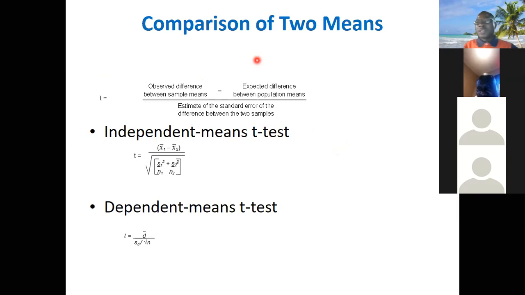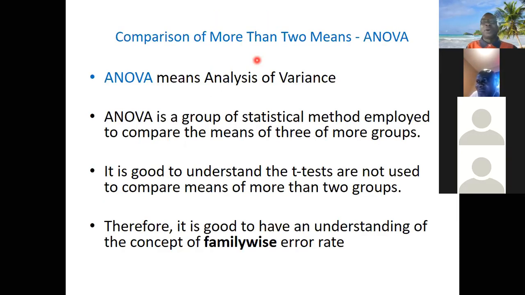When the data set follows a normal distribution, we have different types of t-tests: one sample t-test, independent sample t-test, and paired sample t-test. But when we cannot assume that they follow normal distribution, we have non-parametric counterparts of all these different types of t-tests. But today we are looking at comparison of more than 2 means, that is 3 or more.